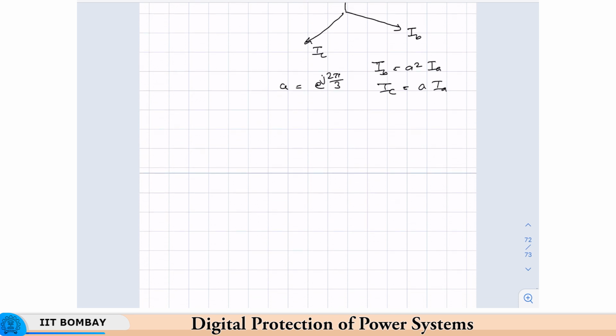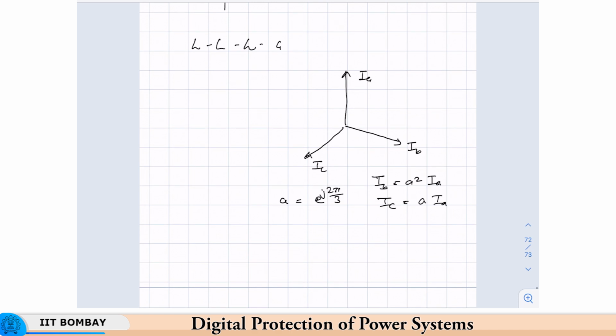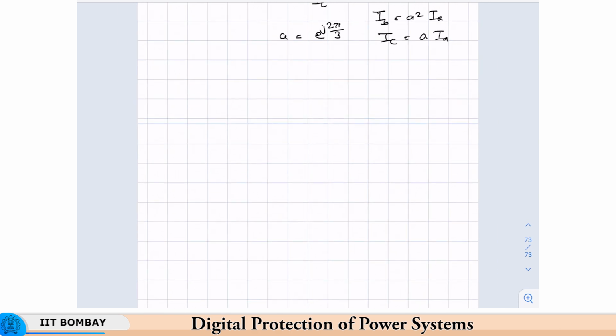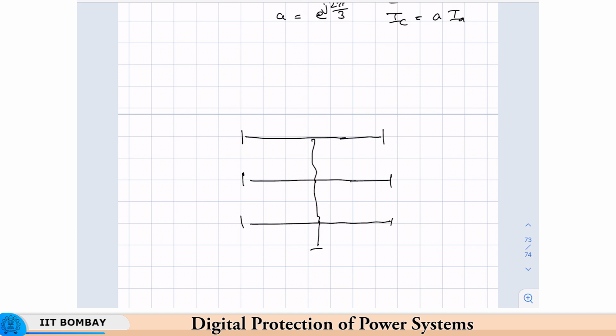So this is the distance x, and now the voltage drop in the line, delta VA, is up to the fault point, or delta VB is up to the fault point, not for the entire line, because we are considering only the relay. The relay is located at this end here, so we are seeing only the voltage drop up to the fault point.